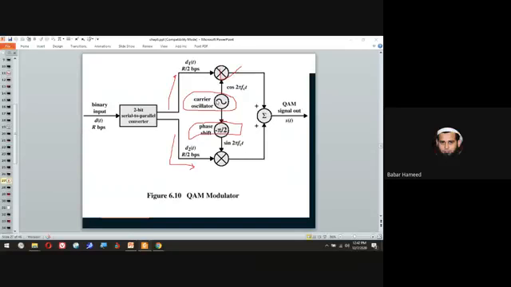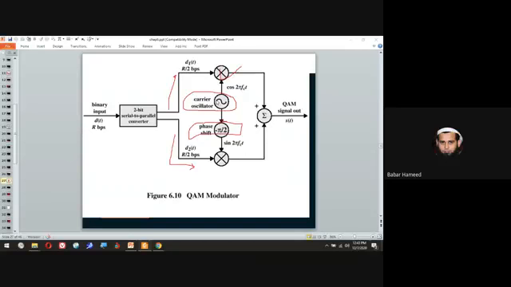Again, as in QPSK, it happens by taking alternate bits for the two streams. In the diagram, the upper stream is ASK modulated on a carrier of frequency FC by multiplying the bit stream by the carrier.